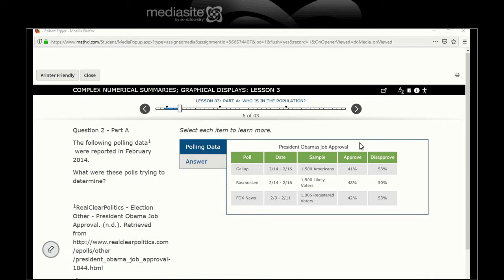Okay, let's do the next one. Here are 3 common polling companies. Gallup, Rasmussen, and Fox News. They all took their polls around the same time period.